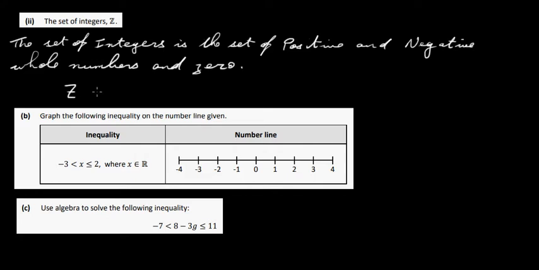So the set of integers is going to be the set, we start at -3, -2, -1, 0, 1, 2, 3, we'll stop at 3, but it goes on to infinity in both directions, so minus infinity up to plus infinity. So it's the set of positive and negative whole numbers, and it includes 0 as well.